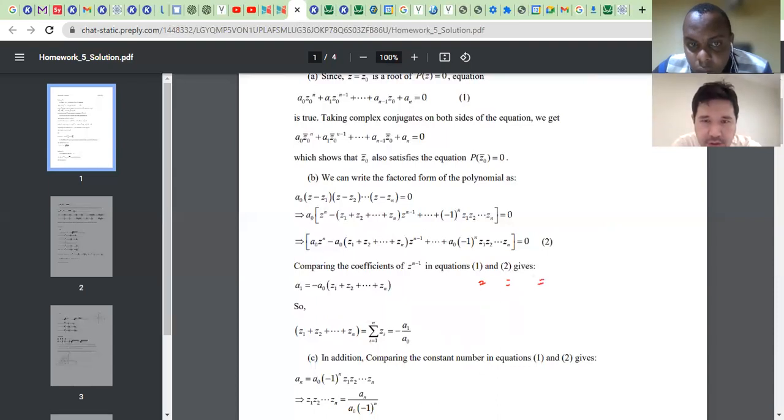How did he get it? He multiplied all the Z's: Z times Z times Z became Z to the n. And then he multiplied all the Z1, Z2, up to Zn, and they became that.